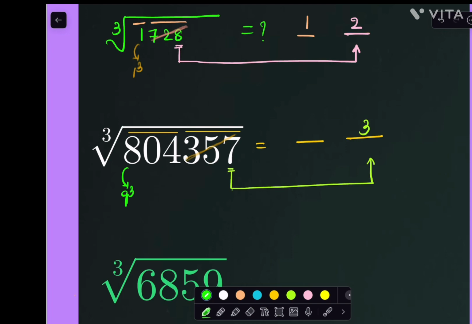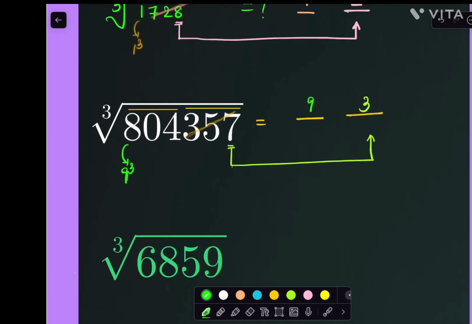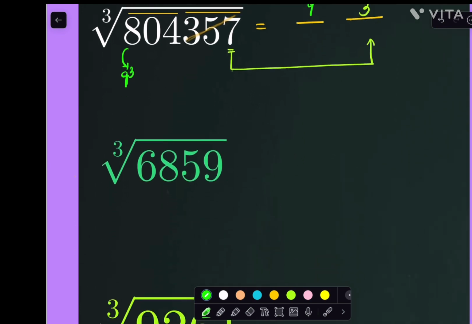It lies between 9 cube and 10 cube. So definitely your answer starts with what? Leftmost part is what? 9, right? So cube root of 8,04,357 value is how much? 93, right? We can calculate it in this way.